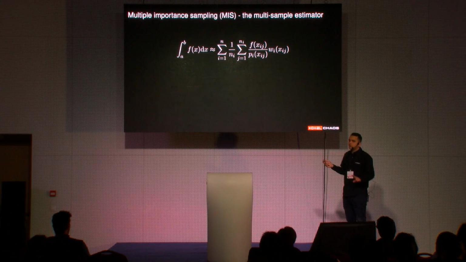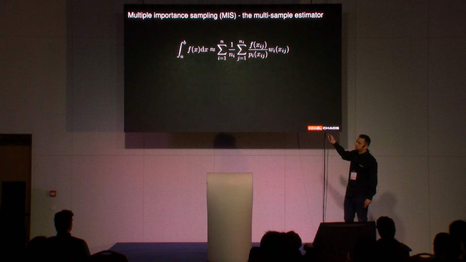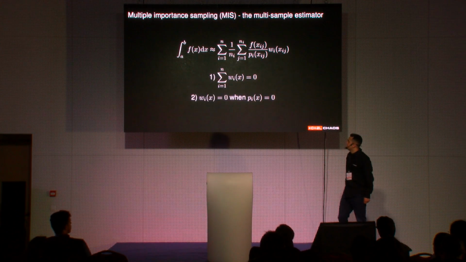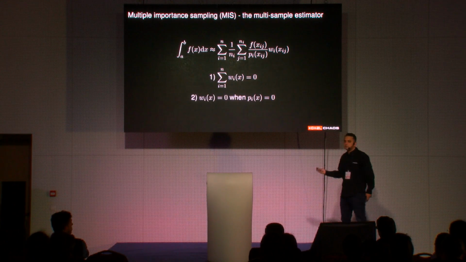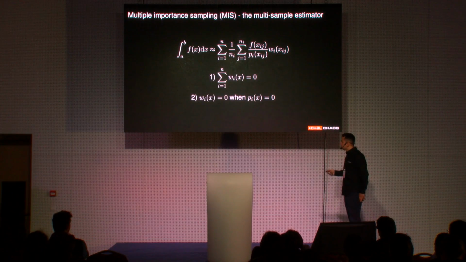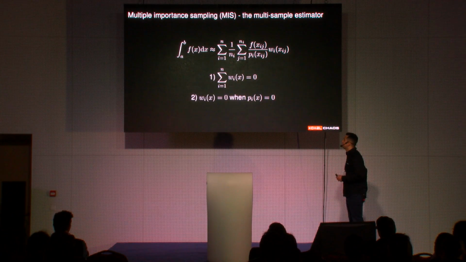There are two very simple conditions that these weights must meet in order to have an unbiased estimator, which is something that we want. The first condition is that all the weights must sum up to 1. Okay, this is a mistake in my slide. They must sum up to 1.